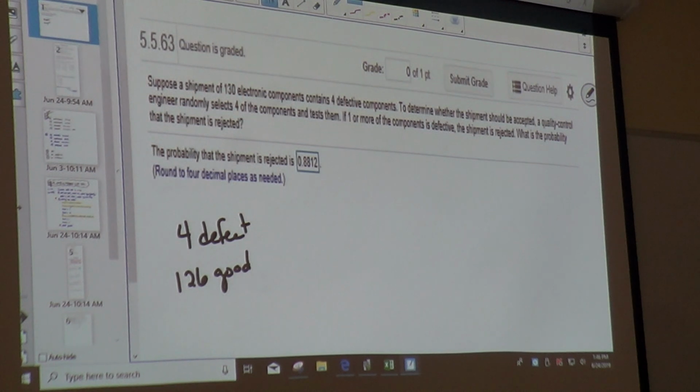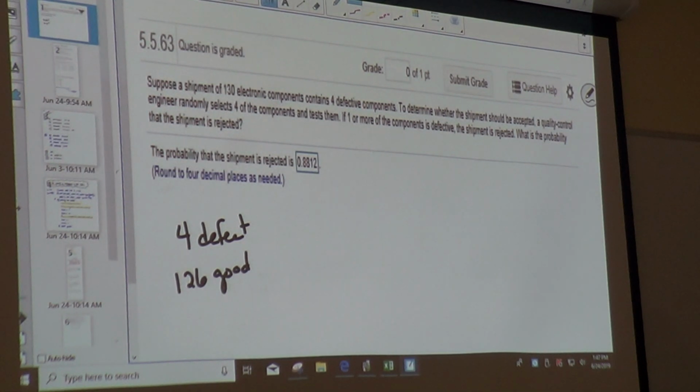It said it was wrong. I'll have to check again real quick, but that's why I was confused, because I didn't think the one or more would make a difference. Yeah, no, .8812 is wrong.